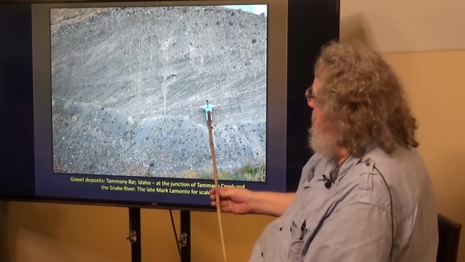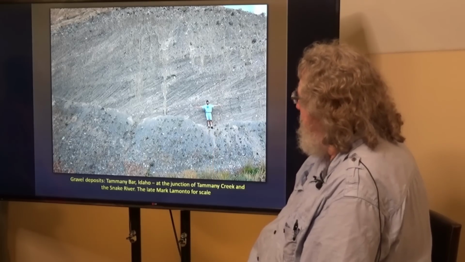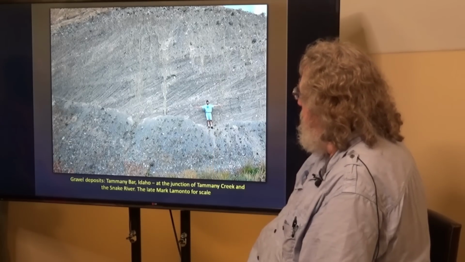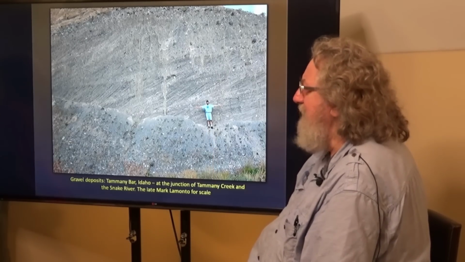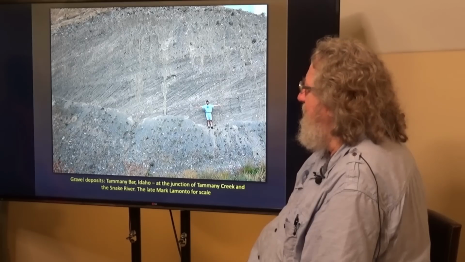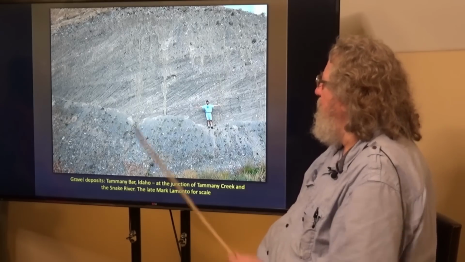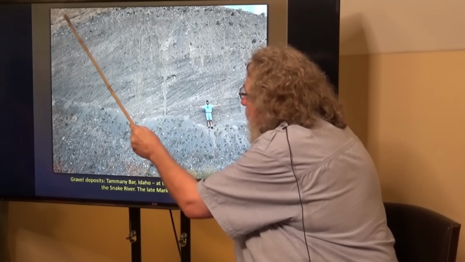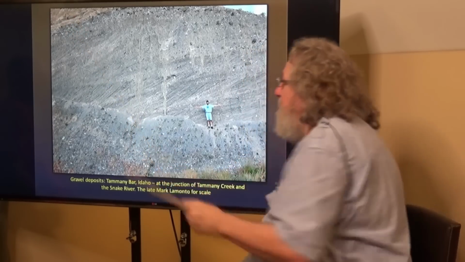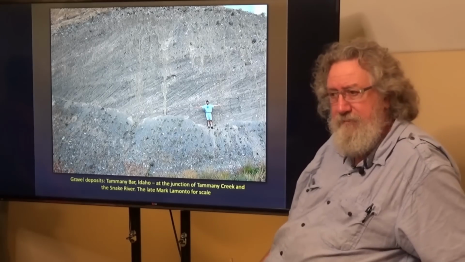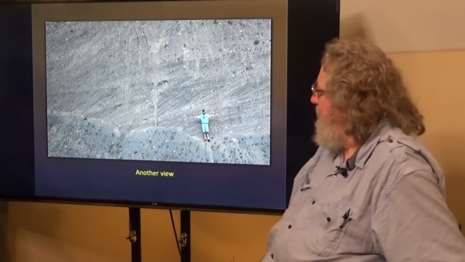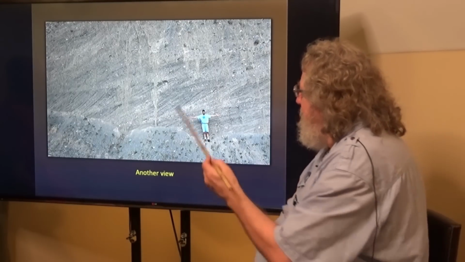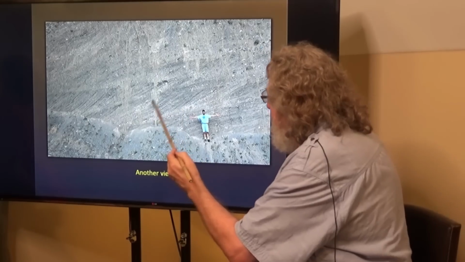This is our friend, the late Mark Lamonto, who was about 6'5", maybe. He's acting as scale man there. Yeah. So you can see, and right up here in the upper left corner, you can see some of the more buff-colored Missoula backflood silts. Yeah, this is where you can really begin to see the foreset bedding very clearly.